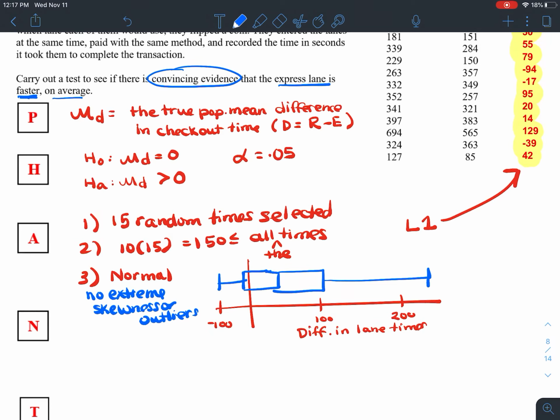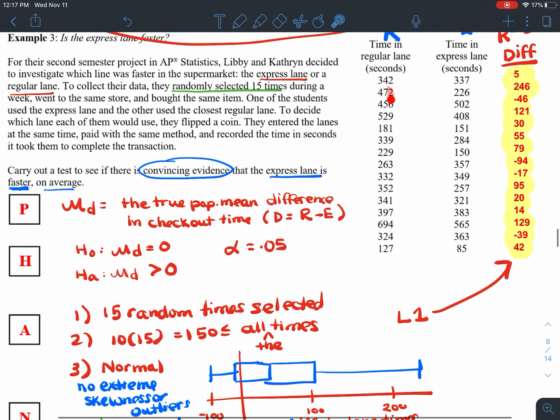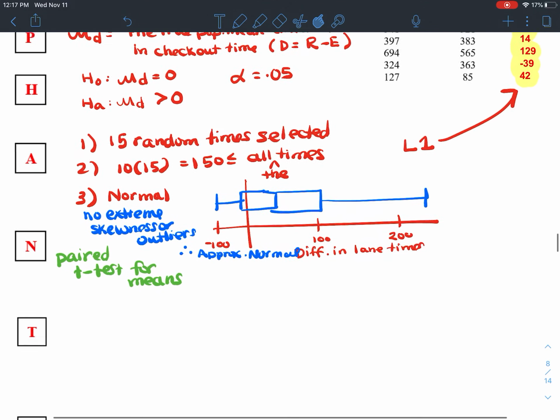So I can conclude that it is approximately normal. Now I'm going to say the name of the test. This is called a paired t-test for means. It's paired because I'm pairing up these two sets of data to create a single set of data, and that single set is what I'm focusing on.